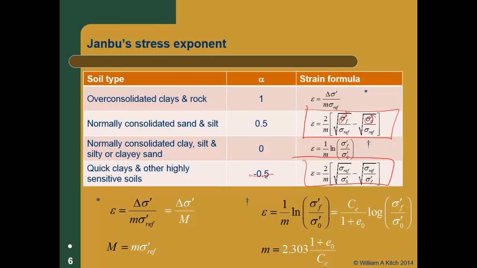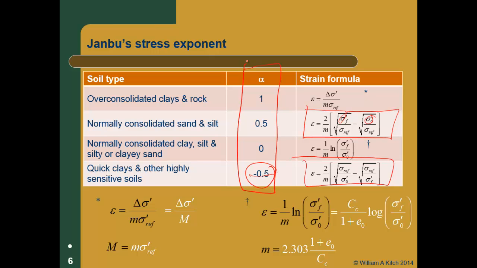And he lists 4 different ones. And if you read in Holtz, Kovacs, and Sheehan, it looks like this for the quick clays. Maybe this number is okay for the Norwegian quick clays, but for the Canadian quick clays, that number should be minus 0.6 or 0.7.